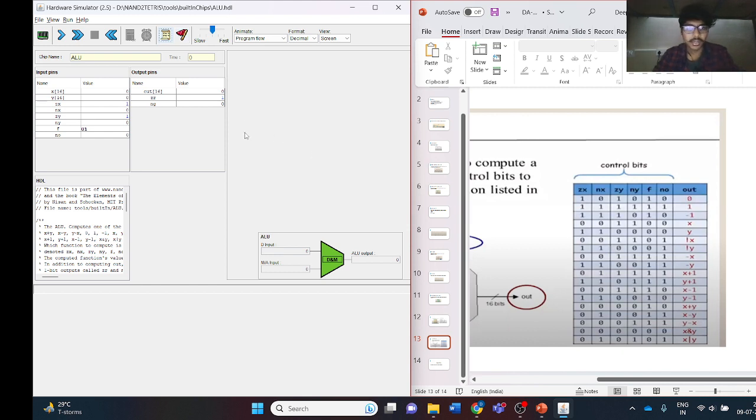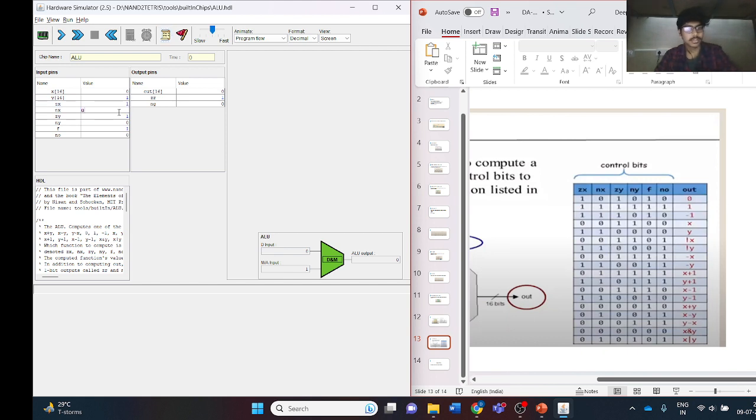We got the output as 0, as shown in the diagram. If we change the inputs, there will be no change. So we give 1 here, and there is no change in the output, because the output depends only on the control bits, not the inputs.